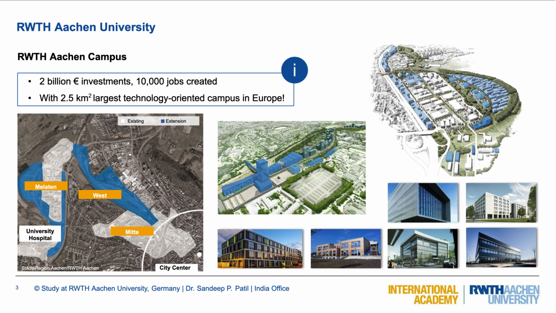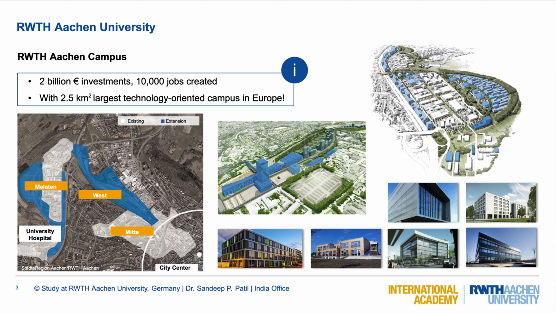Just to give a brief idea about the different campuses in Aachen, they are not completely separate, but there are certain things in the different campuses. For example, Campus Mitte is mainly administrative nowadays, and mechanical, robotics, many things are in Campus Mitte. The second developed campus is Campus West, which is pretty close to the city center, however it is on the western part of Aachen.